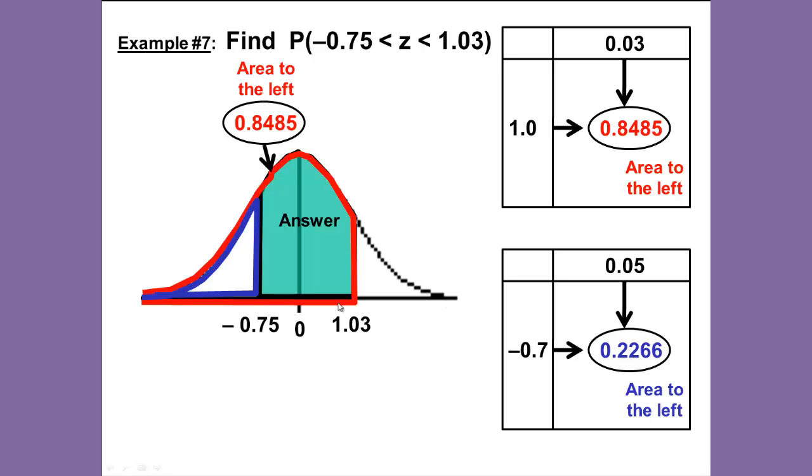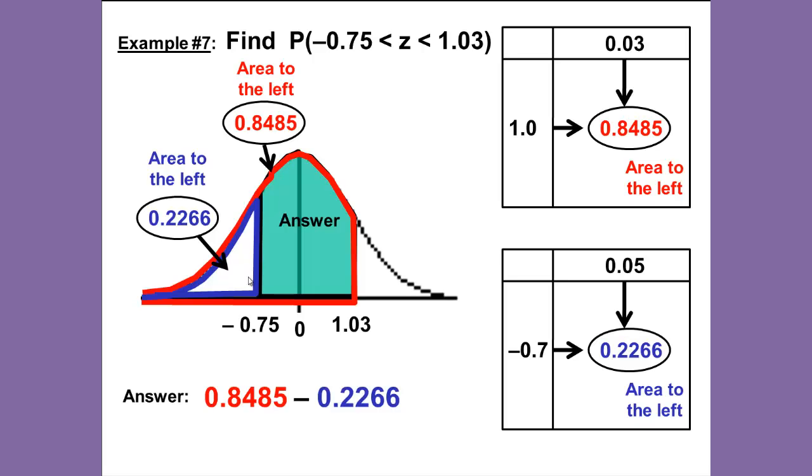That is the tail part, and if we subtract that from the previous area that we looked up, that will leave us our answer. So our answer will be 0.8485 minus 0.2266 to give us an answer of 0.6219.